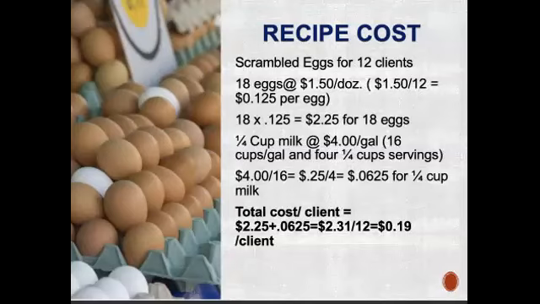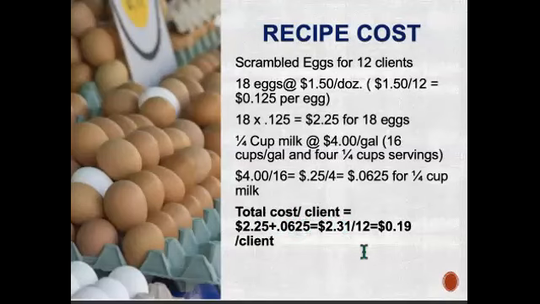So then I add all the results and I see that I am going to need $2.25 for the eggs, 0.0625 for the milk.